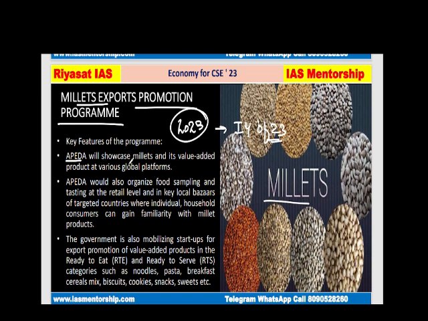Okay. Basically, this will showcase millets and its value-added products at the global platform. It will also organize food sampling at the retail level and in the key local bazaars of targeted countries where consumers can gain familiarity.